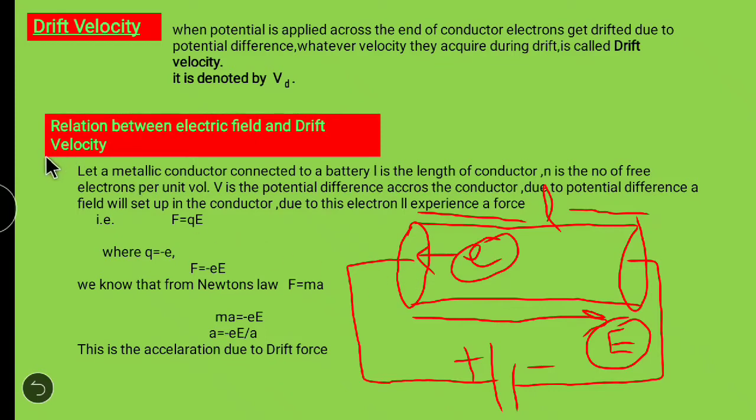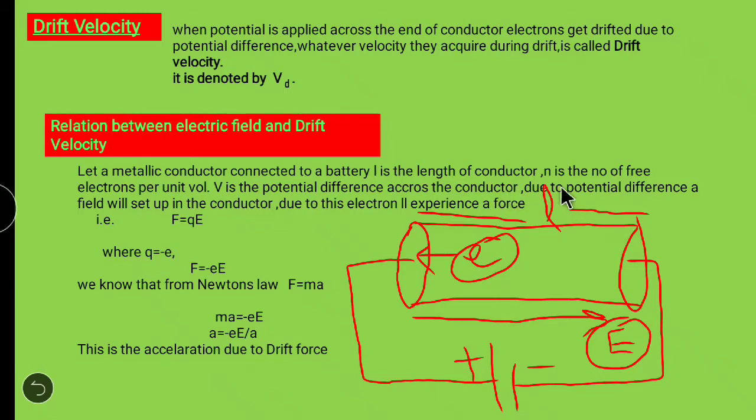Now students, we are going to establish a relation between electric field and drift velocity. Here you see, let a metallic conductor be connected to a battery, which I have connected already. L is the length of the conductor that I have pre-assumed. n is the number of free electrons per unit volume.